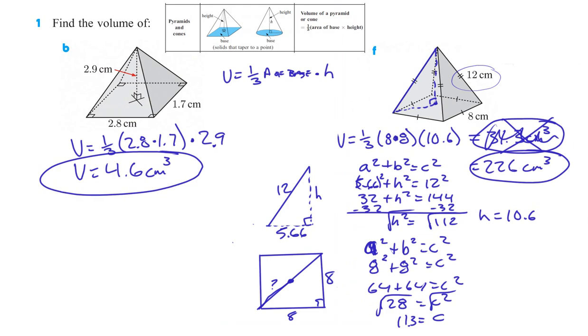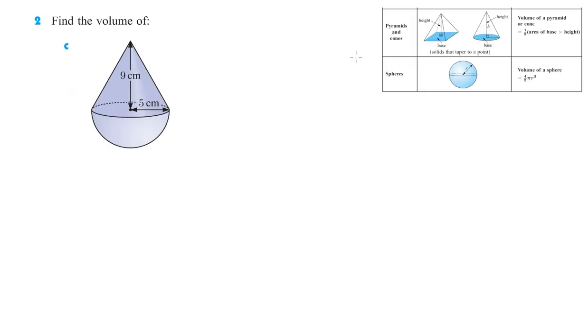Let's look at the next one here, number 2, part C. Find the volume of this here. That's the volume of this cone plus half of a sphere, which we call a hemisphere. So this volume is going to equal this cone right here. The volume of a cone is 1/3 the area of the base times the height, right?